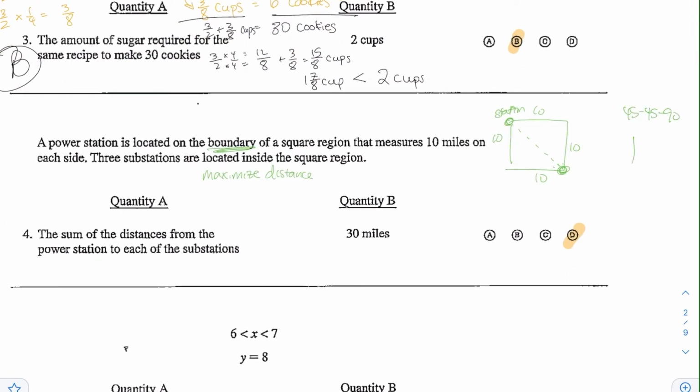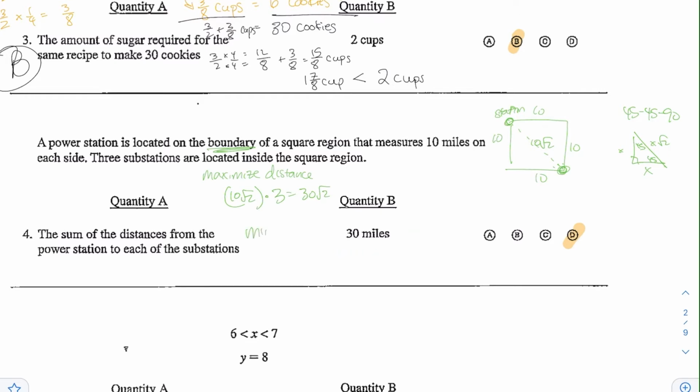Because when you split a square in half, you have a 45, 45, 90, or x, x, x root 2 triangle, so this will be about 10 root 2. So the maximum distance will be 10 root 2 times 3, or 30 root 2, which is going to be much greater than 30 miles.